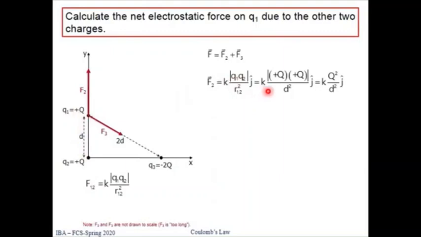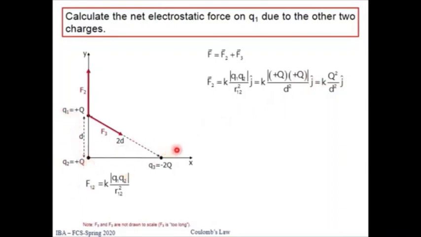Let me substitute these values in this equation: K Q1 Q2 divided by d squared. Multiplying these Q's, we have Q squared divided by d squared, and j is just the unit vector, since the vector is along the positive y direction. This is our force between these two charges.